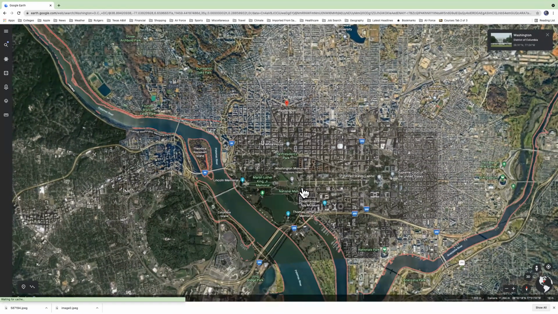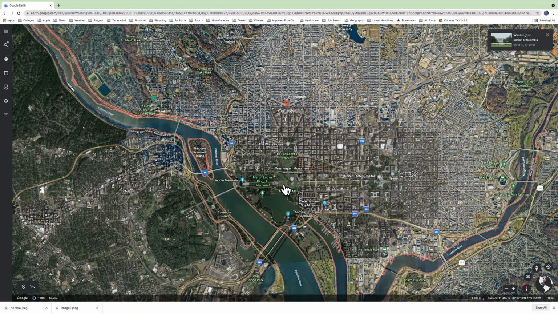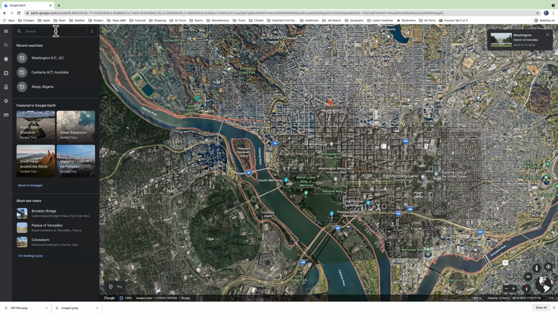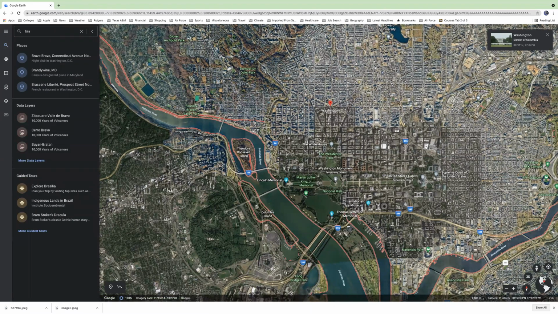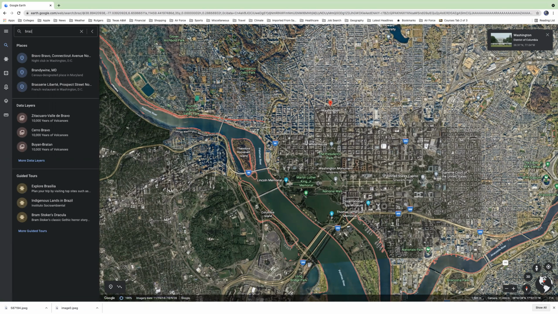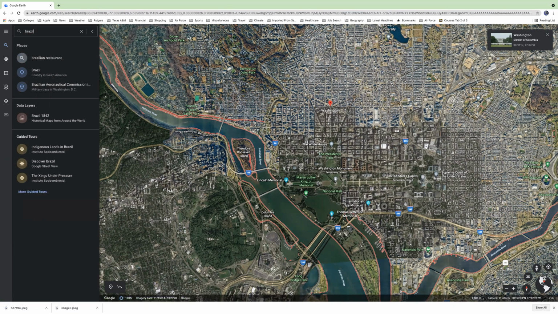There are other places like Islamabad in Pakistan, Abuja in Nigeria, and also Brasilia in Brazil. Hopefully, I'm spelling it correctly. Of course, I can't spell.